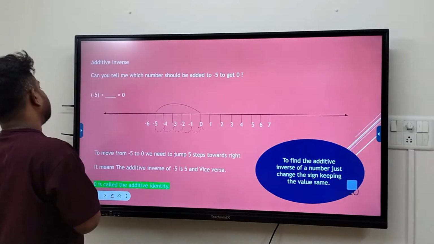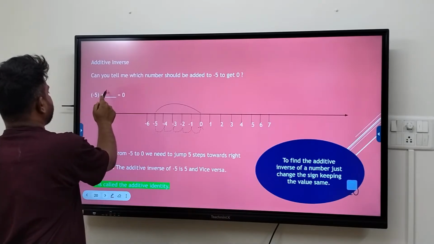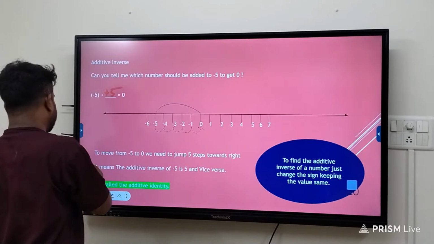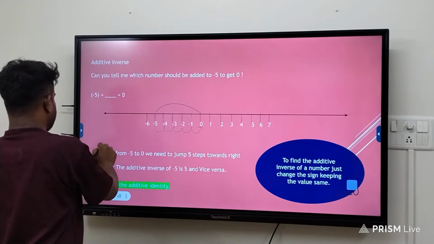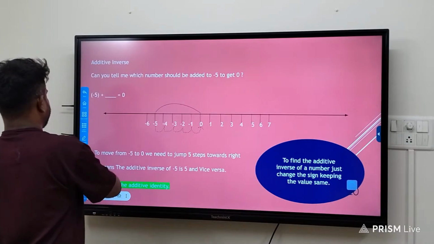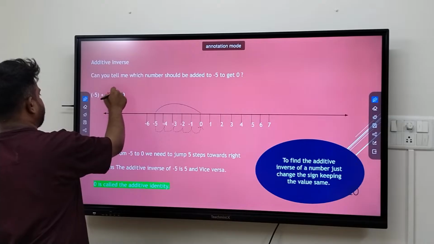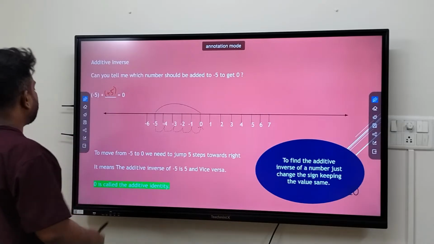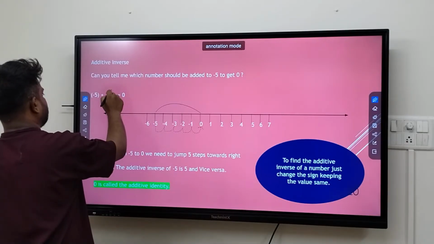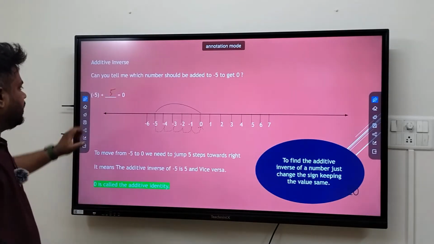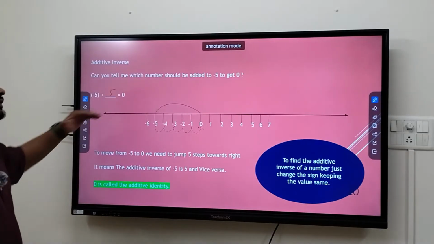We can easily tell that from minus 5, plus 5 or only 5 will give us the value of 0 in this question.